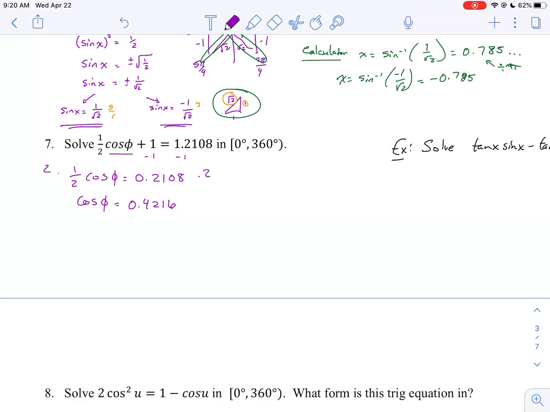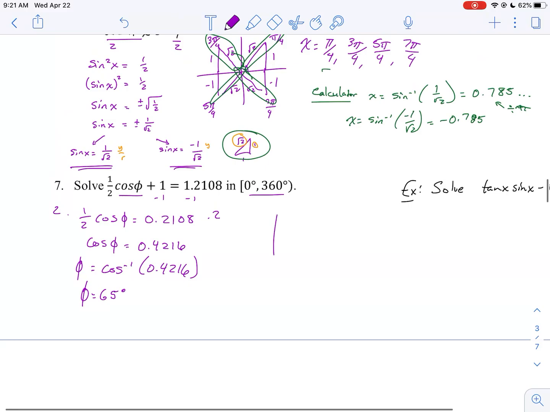And again, probably most of us do not know that off the top of our head. It's not a special right triangle. I do have that written down here on my paper. Because to find phi, we're going to have to take the inverse cosine of both sides. Now, if you want to get an answer in degrees, you're going to have to be in degree mode. So go ahead and change it to degrees. And when you do that, you get 65 degrees.